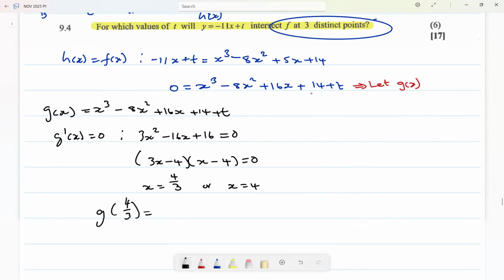I don't know the value of t, it's fine. I'll just continue with that value, and then I'll just add plus t. So it needs to be between 634 divided by 27 plus t.